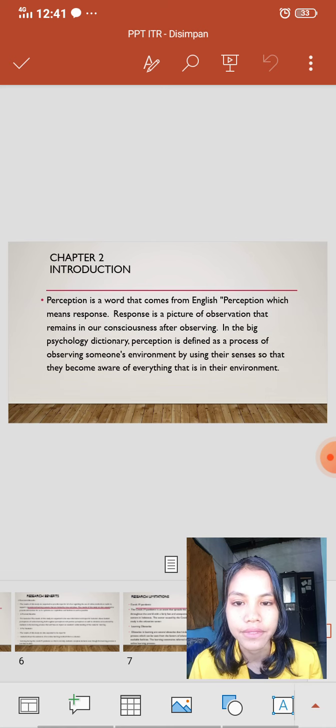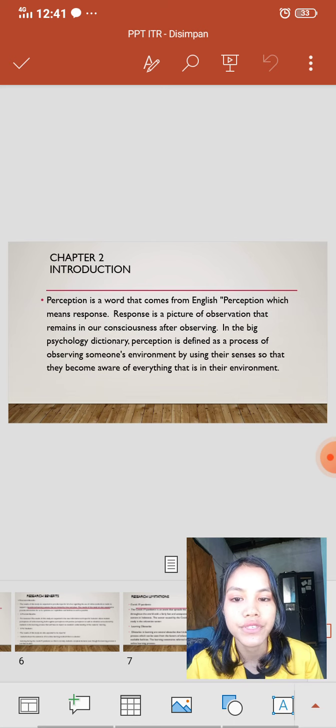Chapter 2, introduction. Perception is a word that comes from the English word perception, which means response. Response is a picture of observation determined in our consciousness or after observing.